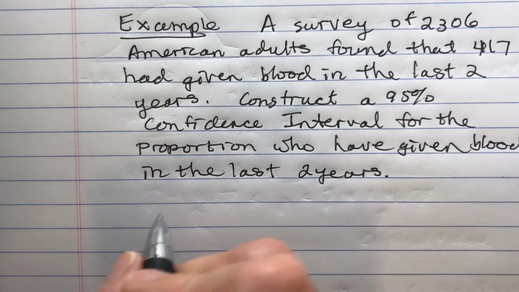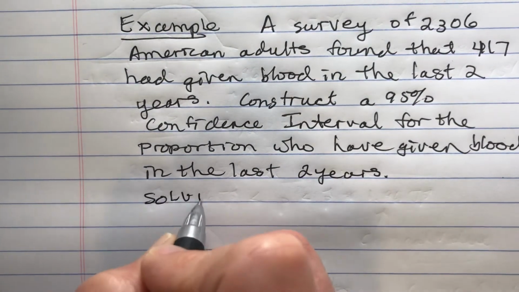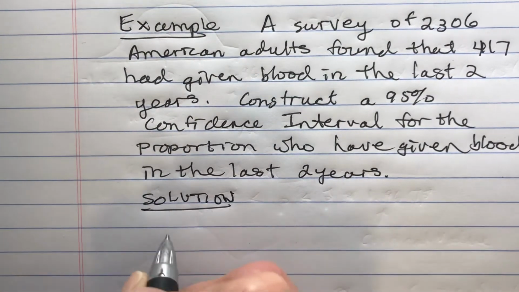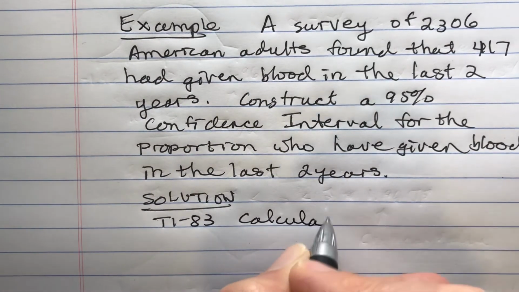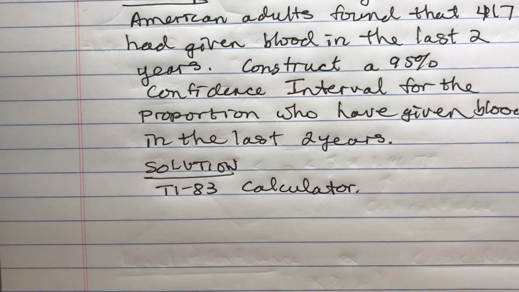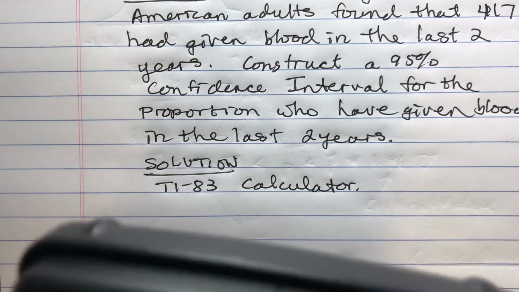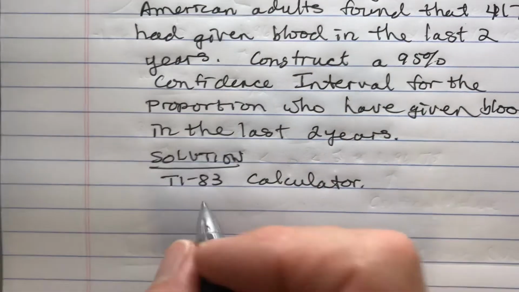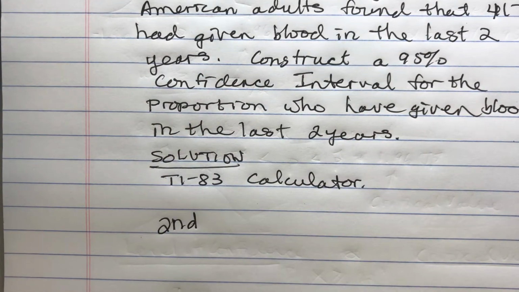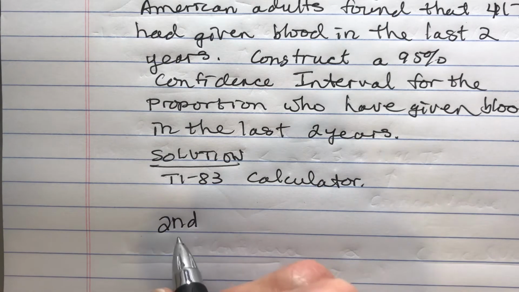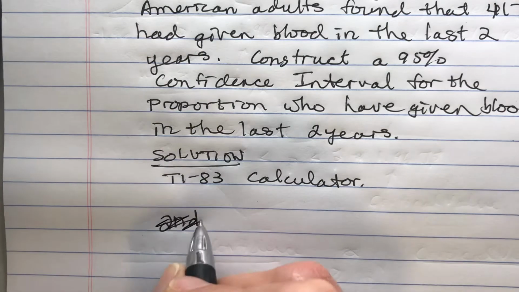Okay, so our solution is not going to use the formulas I went over. Our solution is the TI-83 calculator. The TI-83 calculator does all this math for us, so it sort of takes away all our fun. But anyway, we're going to go, no, actually we're not doing that. I was thinking of something else.